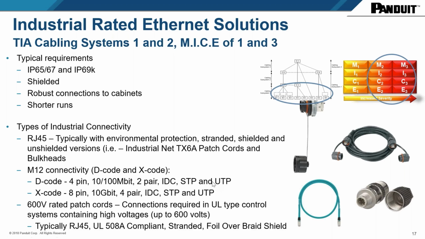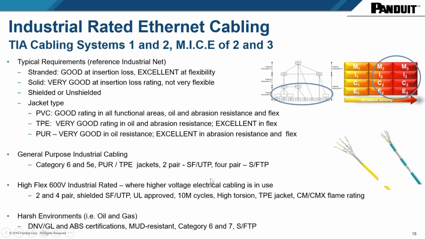So at some point in this presentation, you will see that different style jackets, for instance, are used at different points. So choosing if you need to use a PVC or a TPE or a PUR type jacket for a certain cable is important when you're running these cables through chemicals and so forth.